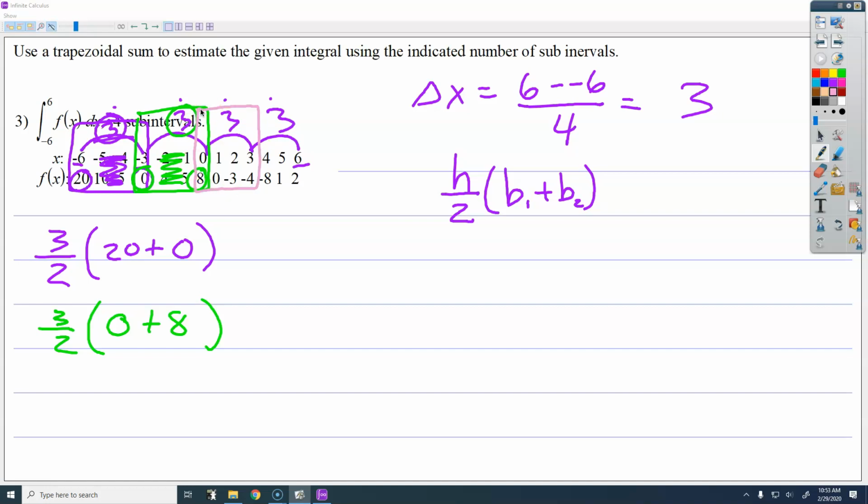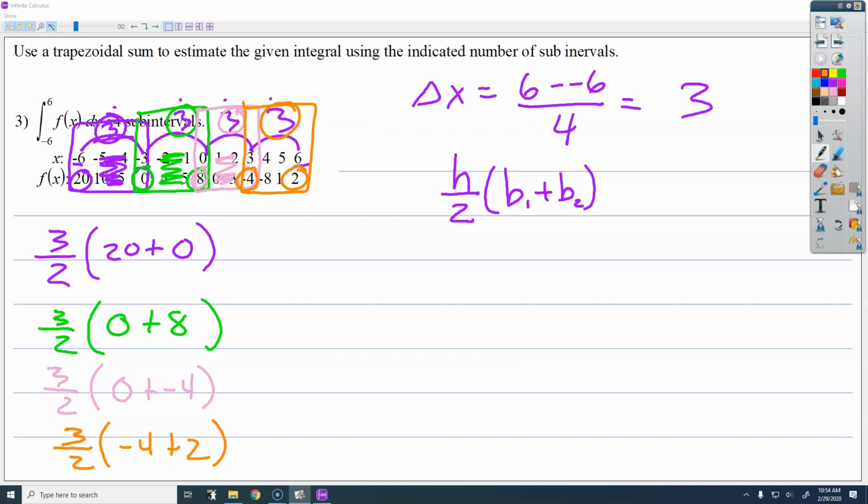For this one, we don't care about the middles, but this is my height, and these are my bases. So my height would be 3. My bases are 0 and -4. Last one. Height is 3. Bases are -4 and 2.